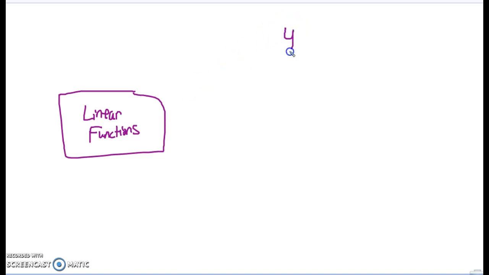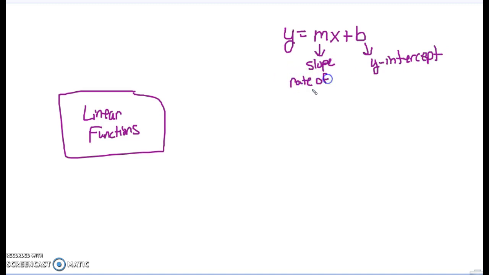Their equation is going to be in y equals mx plus b, where m is your slope or rate of change and b is your y-intercept. I'm going to write that in there too. Rate of change and starting point.